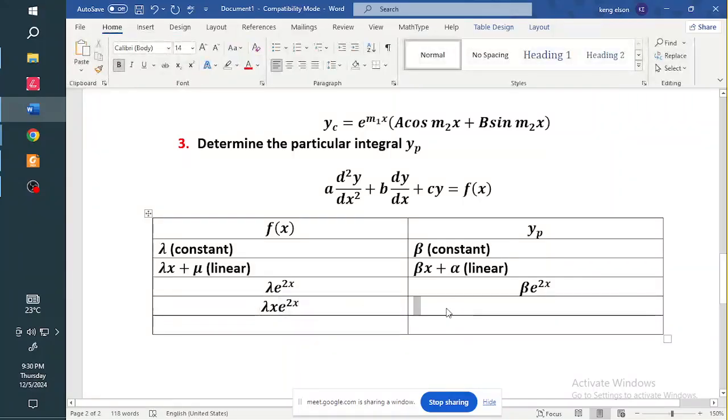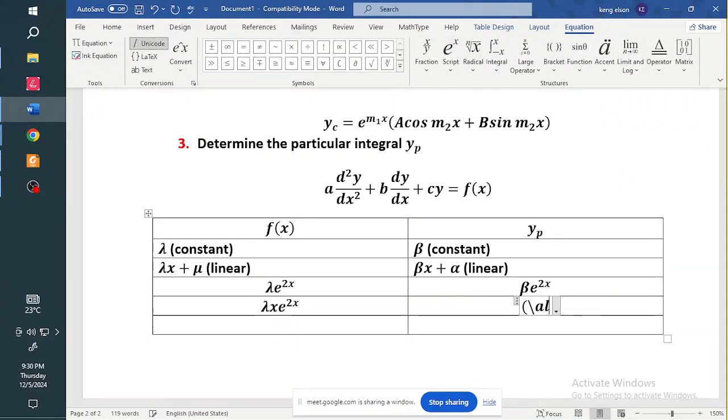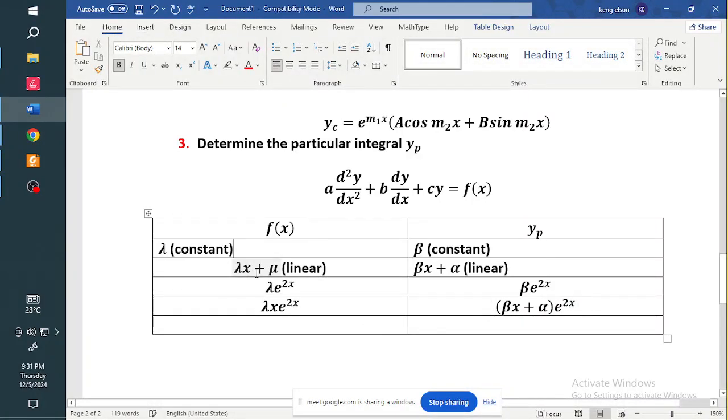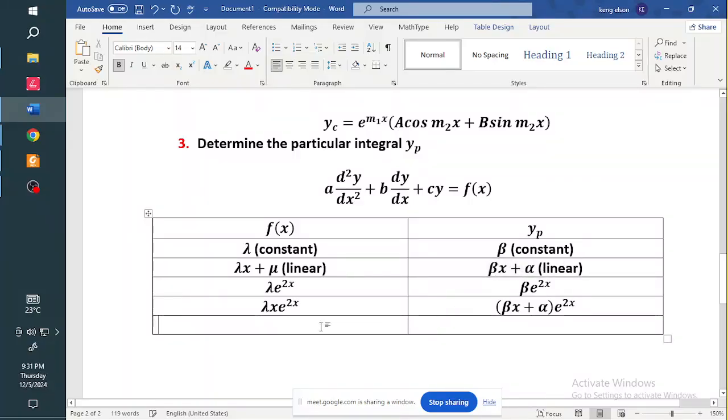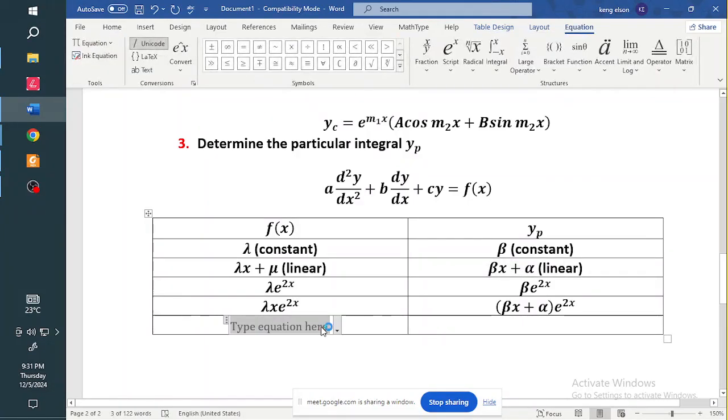Here the linear factor is of the form beta x plus alpha, and then the exponential factor will just be e to the power 2x. So they are in exactly the same form. Once you identify the form on the left hand side, it should be the exact form on the right hand side.